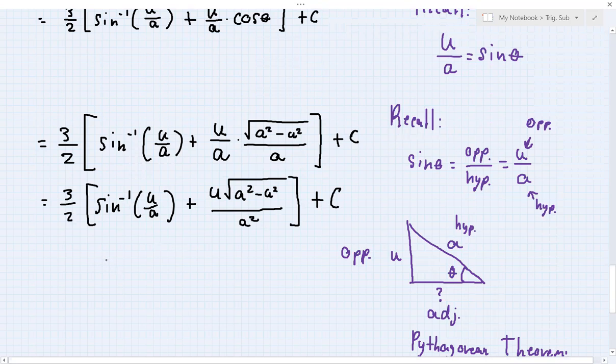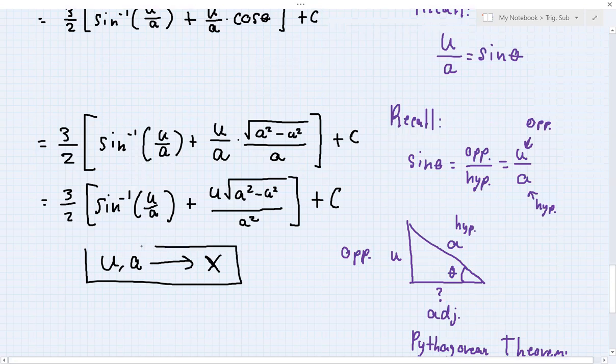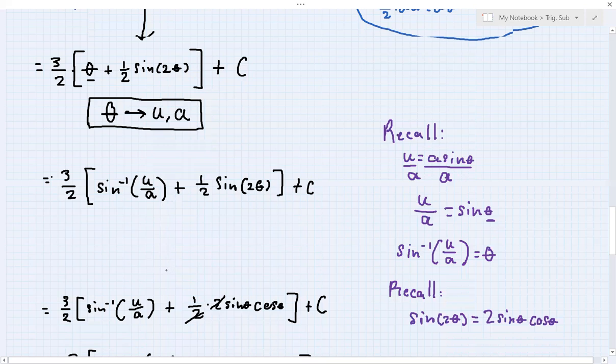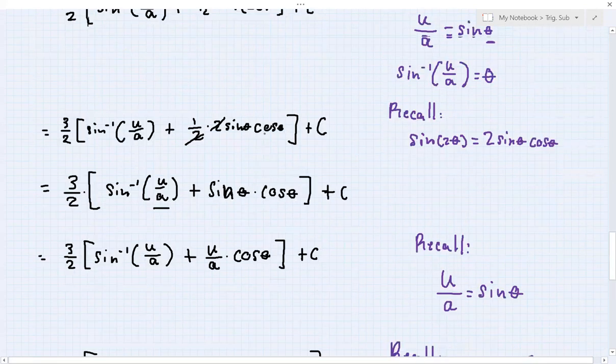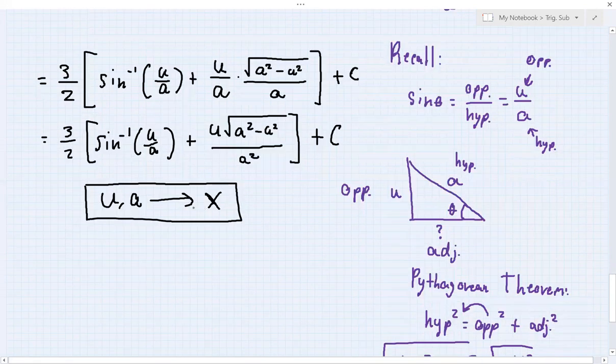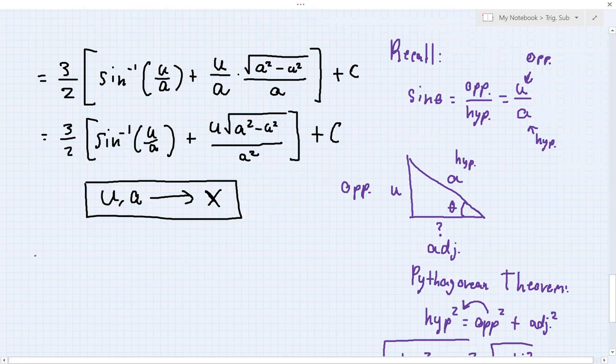Kasi ngayon, we already have U at saka si A, di ba? Now, let's bring them back to X. Ito na yung panghuling step na gagawin natin. Now, na-convert natin yung theta to U and A. Ngayon, from U and A to X.